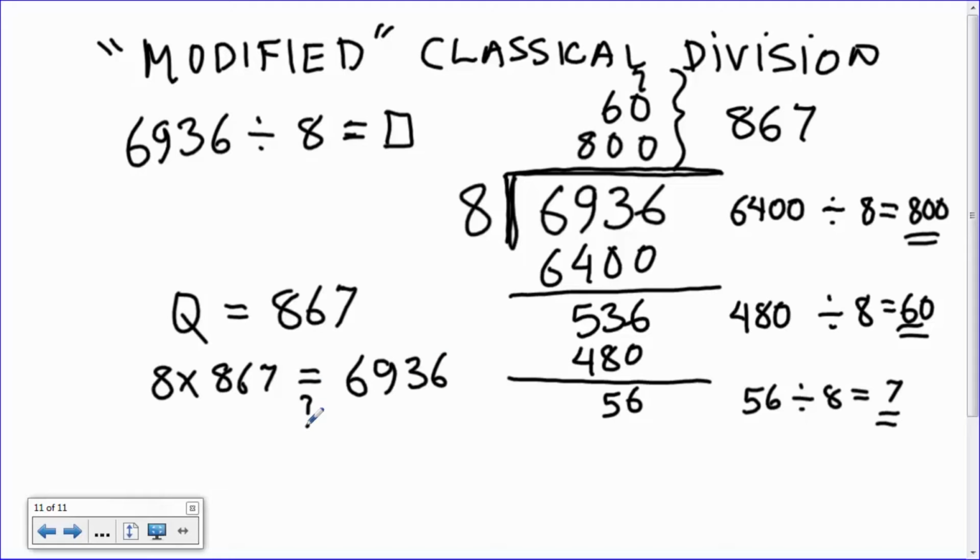Now, let me pause for a moment and say, well, what would happen if that number, 6,936, had been, for example, 6,940 divided by 8. So I'm changing the problem.